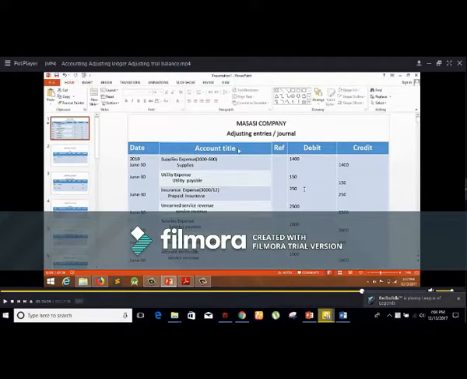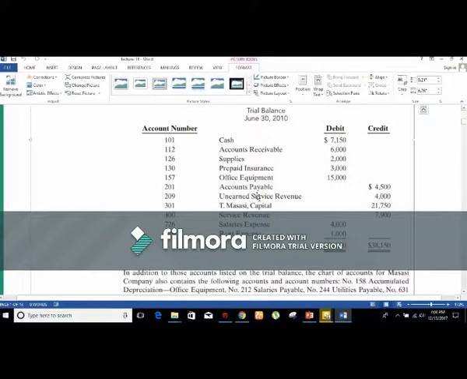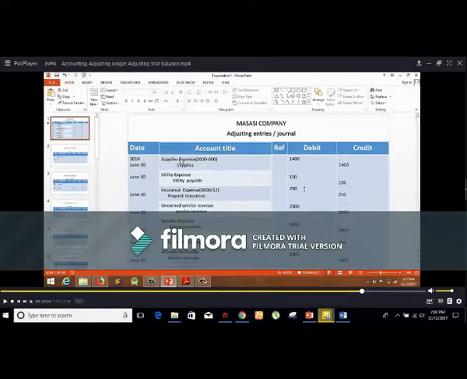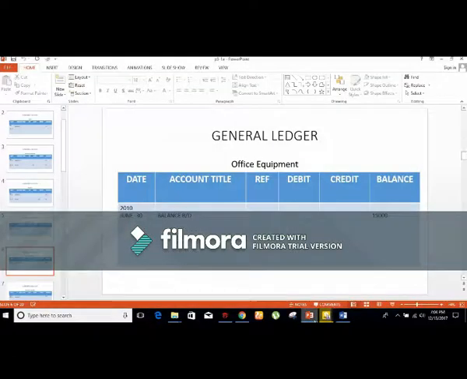In the adjusting journal, we search for office equipment. Is there any office equipment? No, there are no office equipment entries. So here we can write that the balance BD is 15,000 taka.